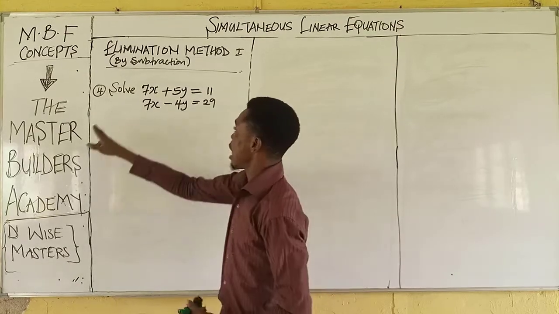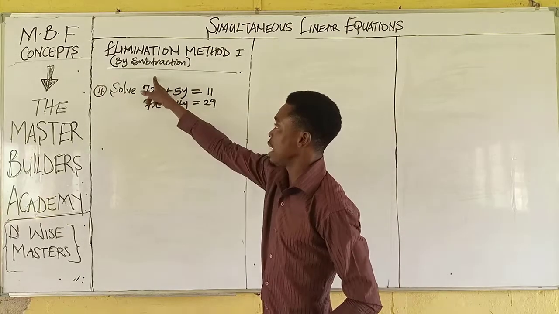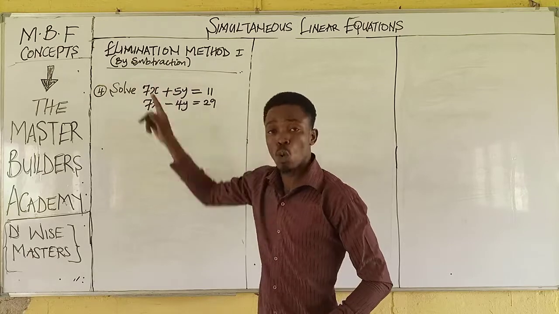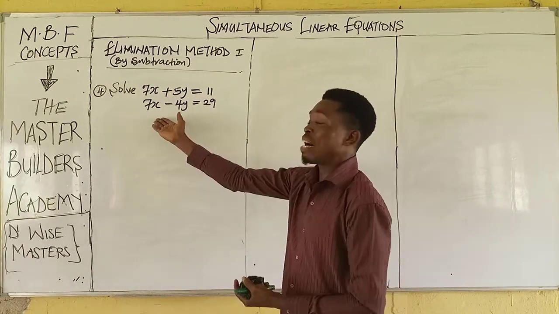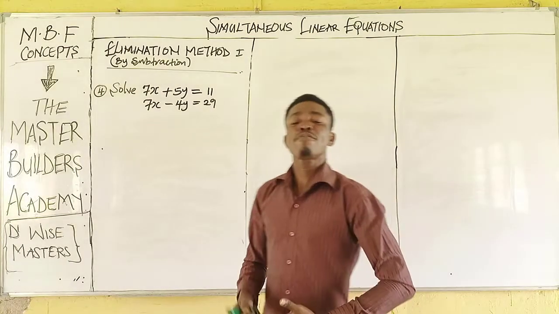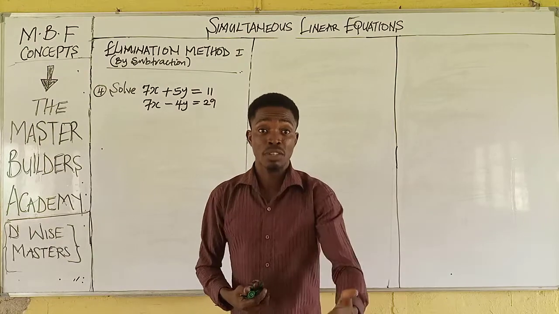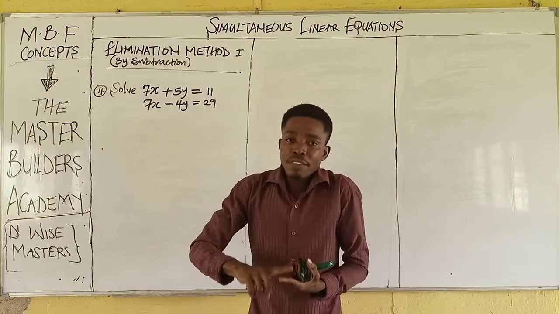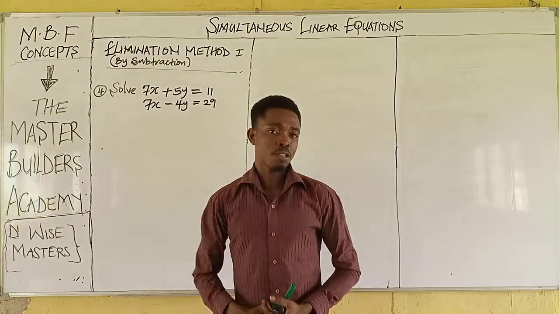So if I made up my mind, this is the first question that we have here now. If I made up my mind that I want to eliminate x, I must ensure that x in equation 1 has the same coefficient as x in equation 2. Exactly what we have here already. But if for instance you do not have such a case, you need to work it out by yourself by ensuring that the variable you want to eliminate has equal coefficients in both equations.